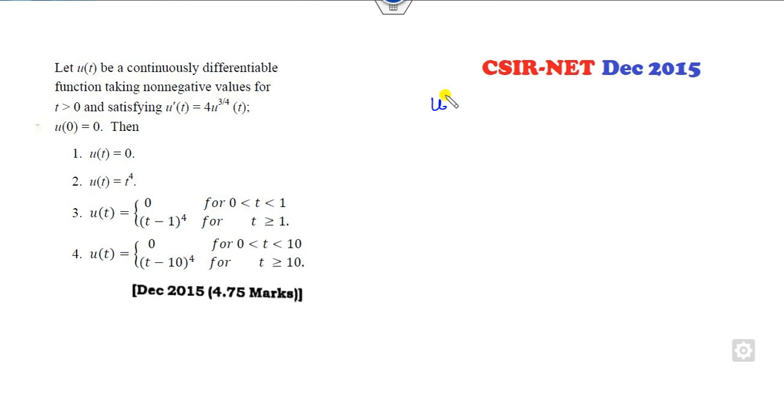Look at this another one. u dash is 4 times u of 3 by 4 and u of 0 is 0. Again this number is between 0 and 1. This number is positive. This number is 0. So it has infinitely many solutions. Fine. So once it has infinitely many solutions, we will check about t to the 4. What is the derivative of this? 4t cube.